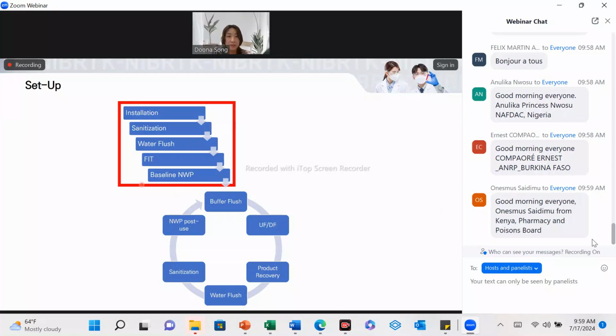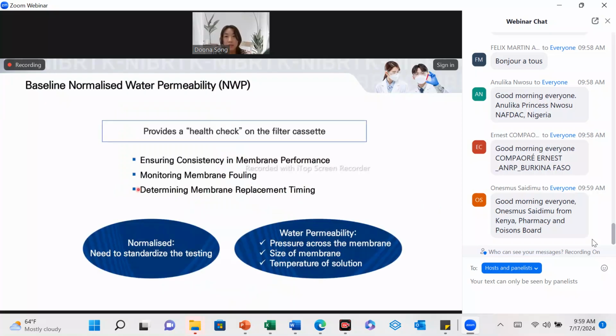And next is determining the NWP. So, normalized water permeability, NWP, is important to maintain filter health. This is for ensuring consistency in membrane performance. NWP measures how easily water passes through the membrane. By checking NWP regularly, we can make sure the membrane is working consistently and efficiently.